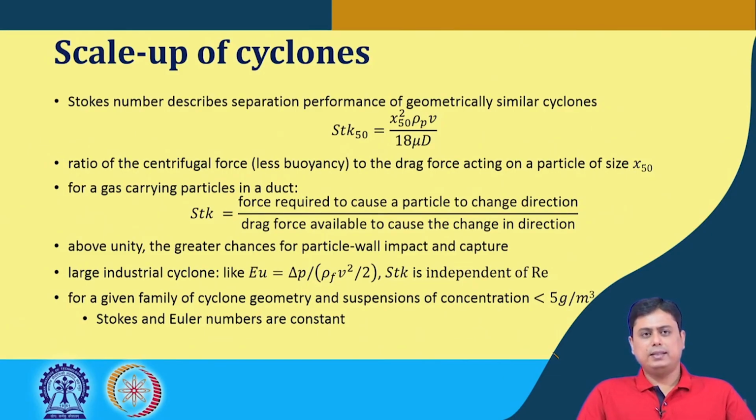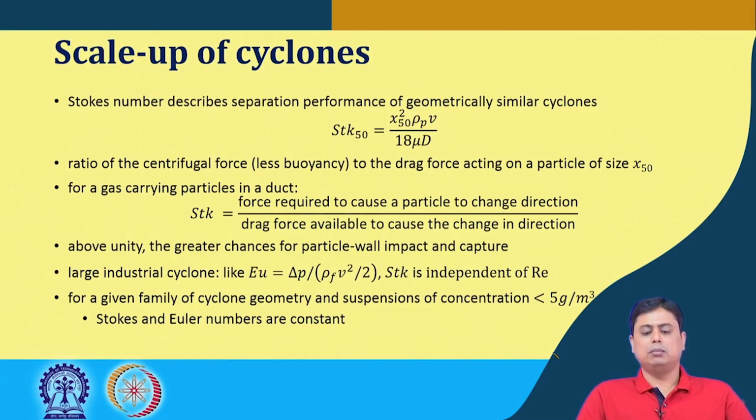Now the other dimensionless number that is important in the scale up design of cyclone separators is the Stokes number, which describes the separation performance of geometrically similar cyclones, which is again the same phrase. If I say it in a different way, it is the same given family of cyclones that has proportionately equal dimensions with respect to the cyclone diameter.